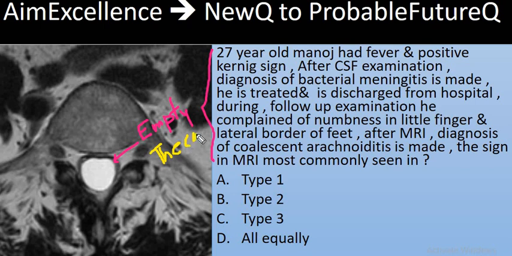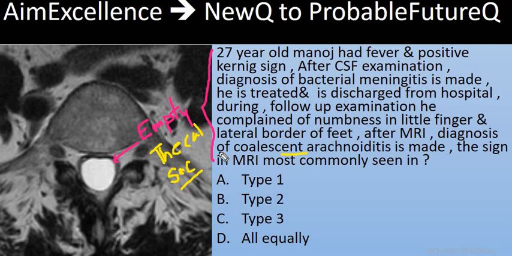Now we could have given the answer in which type of coalescent arachnoiditis it is seen. So you most probably know by now it is seen in cases of coalescent arachnoiditis.